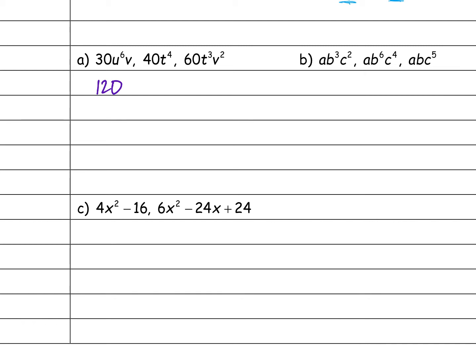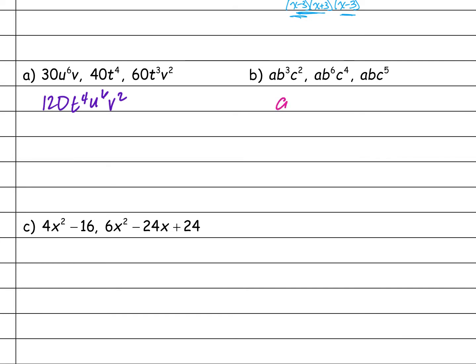So I put t to the 4th, u to the 6th, and v squared. That makes it a little easier with variables. It's just whatever the highest one is, because they all have to go into it, so you just choose the highest one. Okay? So on b, it would be a, b to the 6th, c to the 5th. Done.